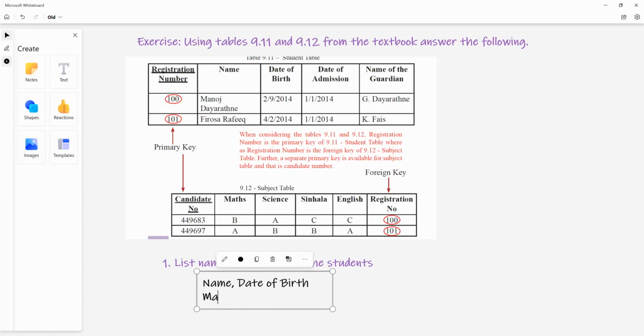We have Manoj, Dayaratna, and the dates of birth, 2014.